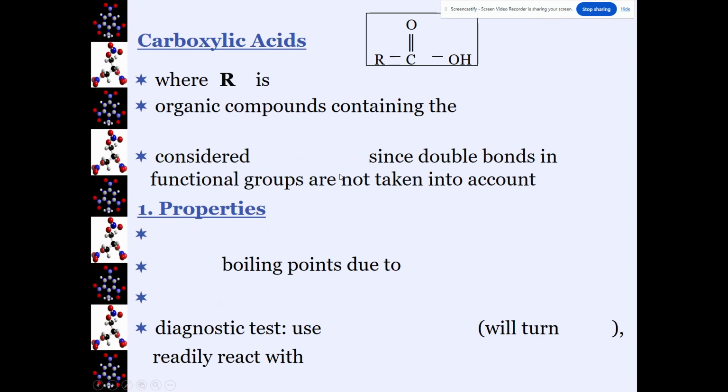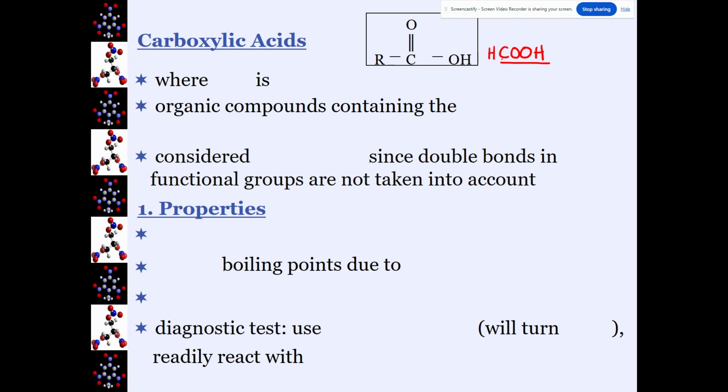Starting with carboxylic acids, when you look at the formula, the simplest organic acid you can have would actually be HCOOH, okay? So you have COOH in your formula.